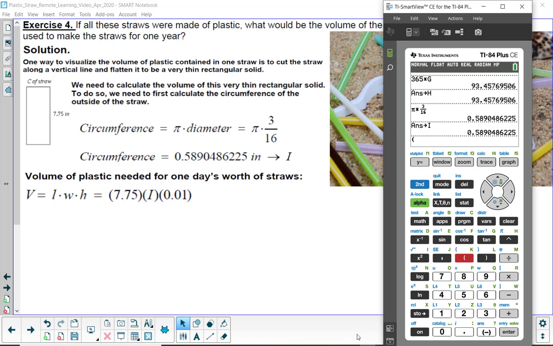So that's going to be 7.75, other parentheses, alpha x squared for the letter I, and then 0.01. We'll check that, and I'm going to store that into letter J. So store alpha, the comma key gives me the letter J.